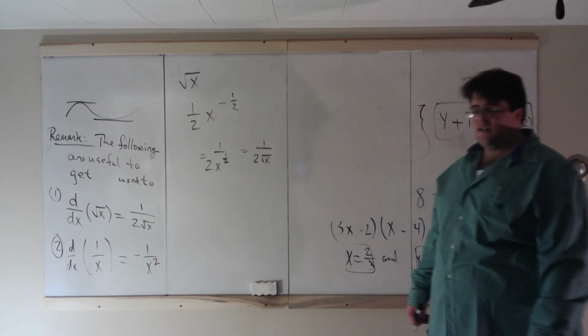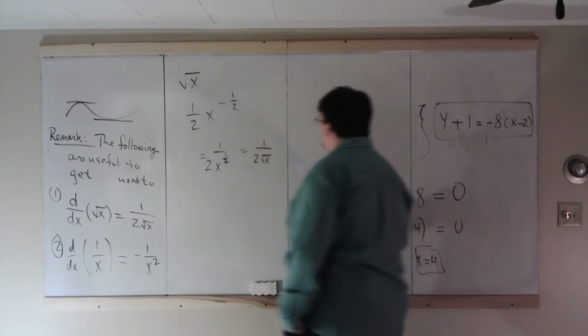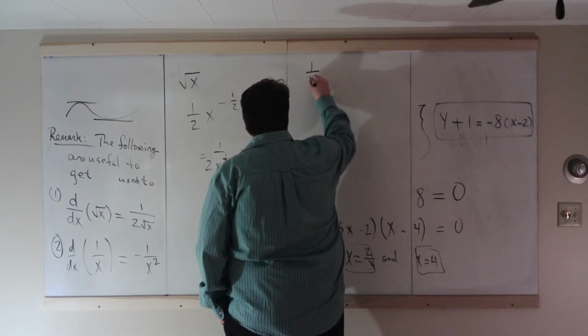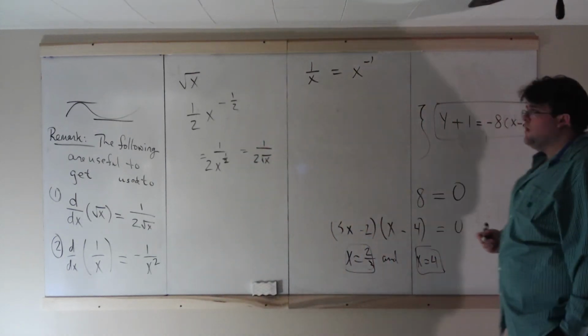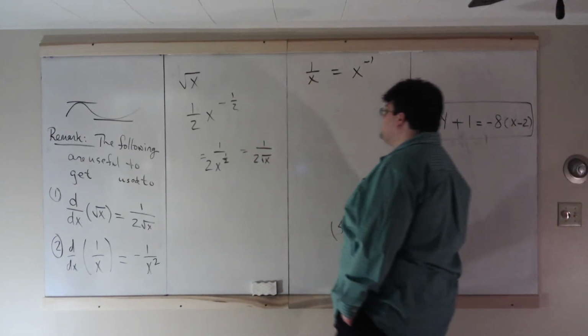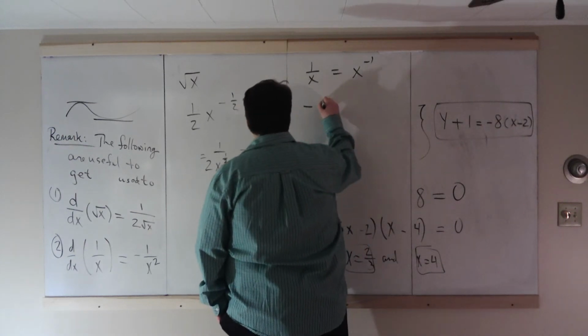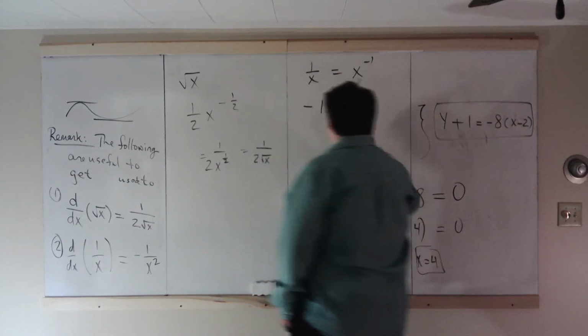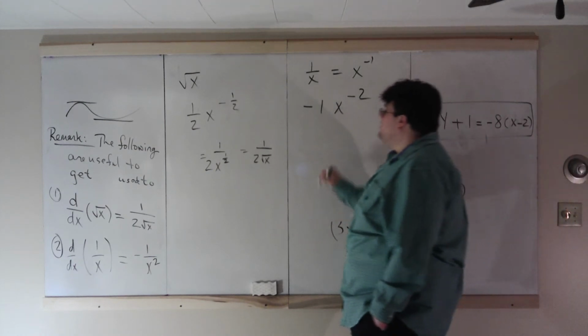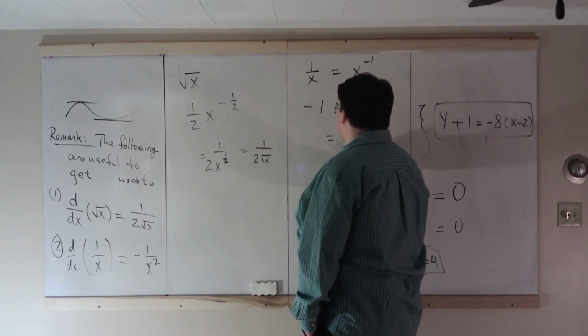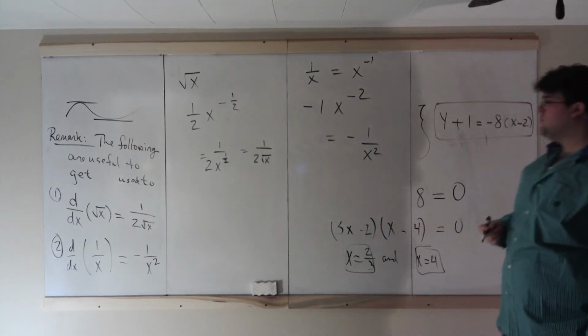Well, I would not recommend the quotient rule, because 1 over x is just x to the negative 1. And the derivative of x to the negative 1, using the power rule, is negative 1 x to the negative 2, which equals negative 1 over x squared.